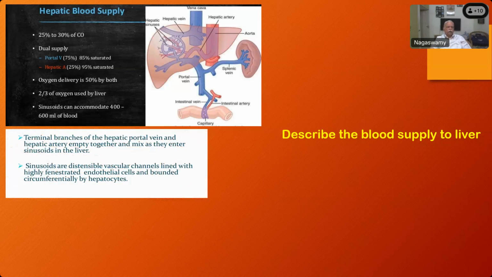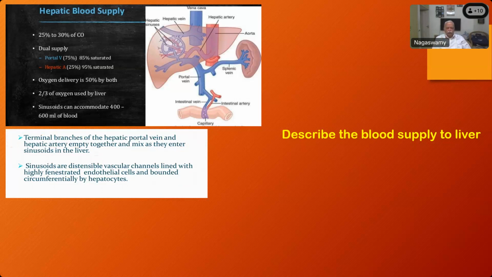The sinusoids are nothing but distensible vascular channels lined with highly fenestrated endothelial cells and bounded circumferentially by hepatocytes. Why are they so fenestrated, or have large gaps? Why do these sinusoids have highly fenestrated endothelial cells with large gaps? What does this blood carry?